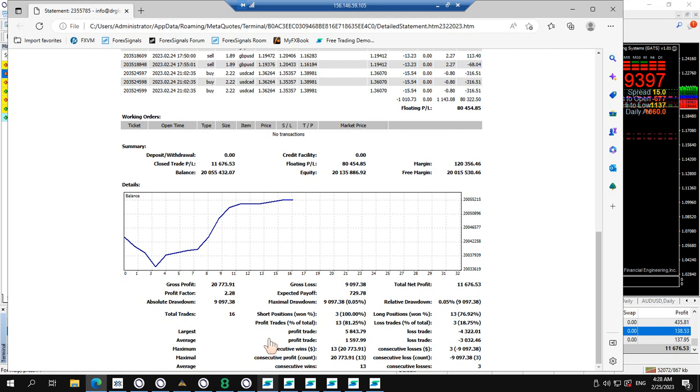Our percentage win was pretty high, and even though our average loss is greater than our average win, the percentage will have given us an edge, and that's why we have a net profit of 11,676 for those that closed.